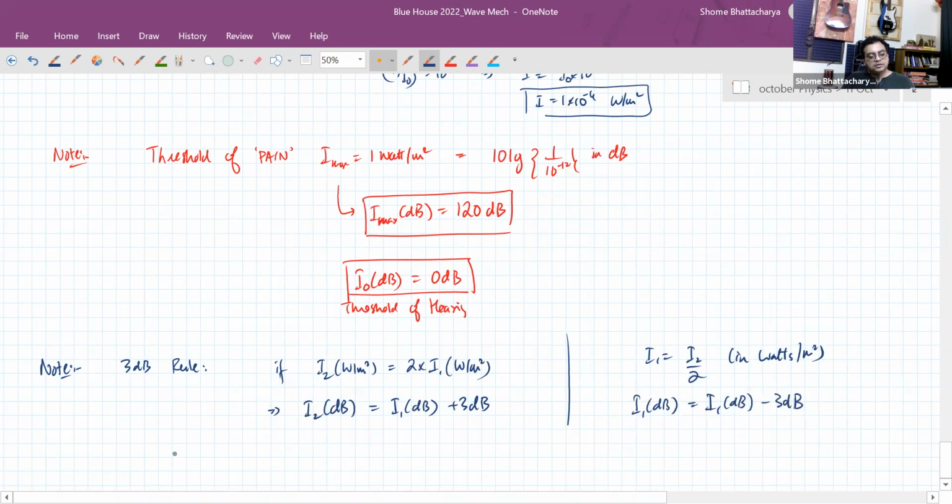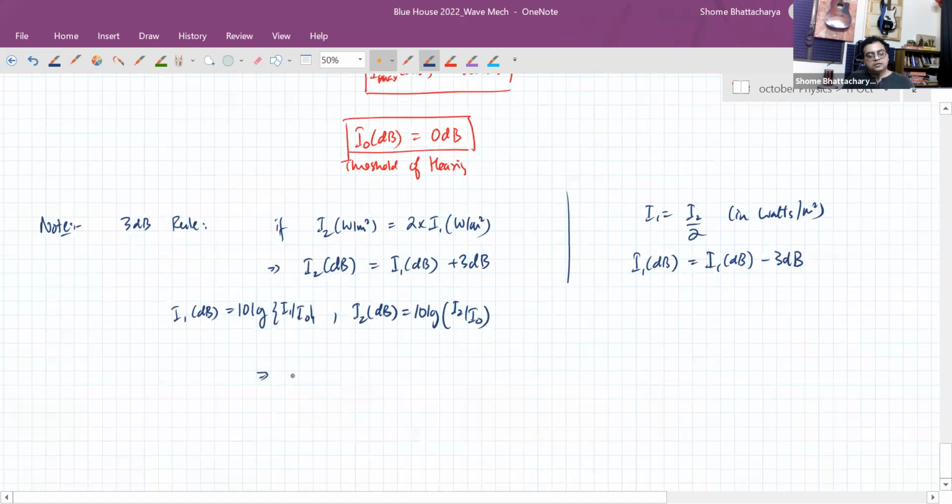This is very simple. I1 in decibels is 10 log I1 divided by I0 in watts per meter square. I2 in decibels is 10 log I2 by I0. So you can see that I2 in decibels minus I1 in decibels is equal to 10 log.